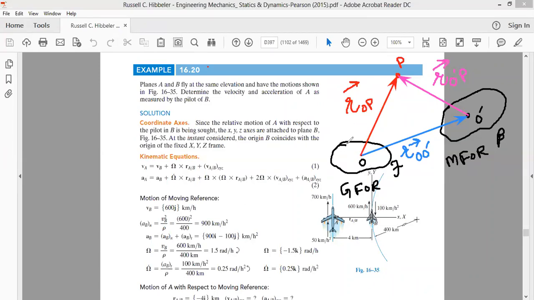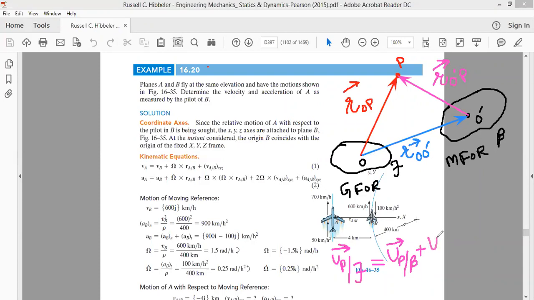The expression is: velocity of P with respect to the ground frame of reference is equal to velocity of P with respect to the moving frame of reference, which we are representing by beta, plus the velocity of the moving frame of reference with respect to the ground frame of reference.